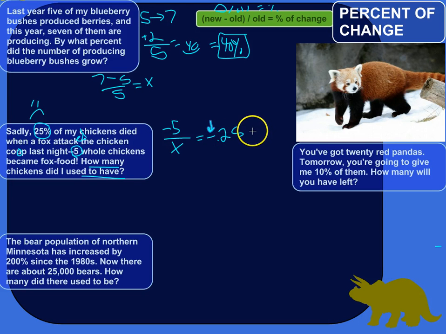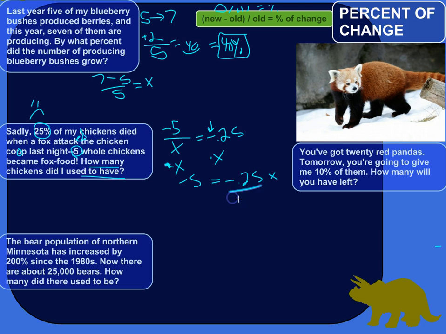Okay, so now I could solve that. Maybe I want to get x out of the denominator here, so I multiply by x. Negative 5 equals negative 0.25 times x.